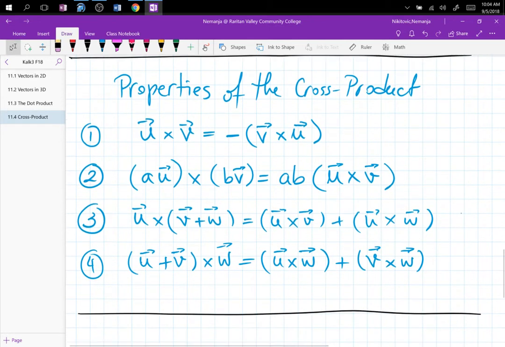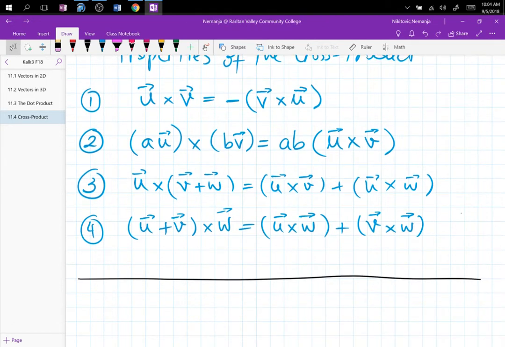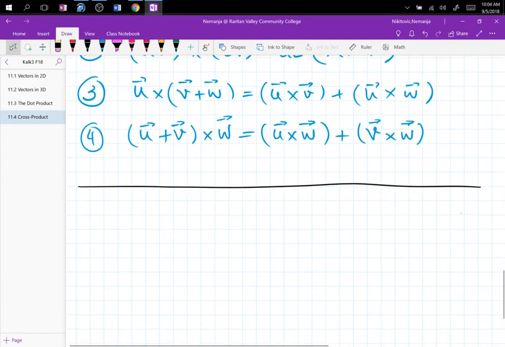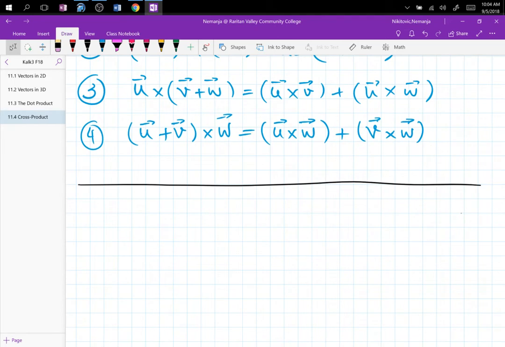So to prove any of these properties, you will replace vector u with u1, u2, u3, and then you would plow through calculations. In a three-dimensional space, we have vectors i, j, and k.